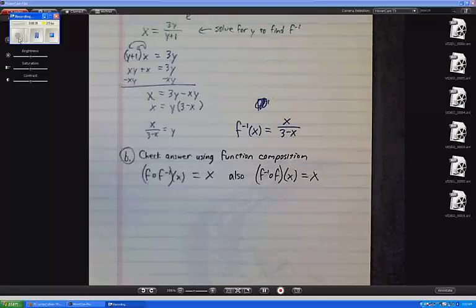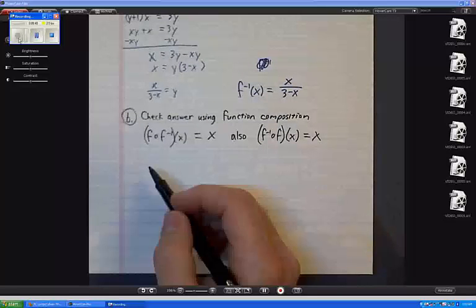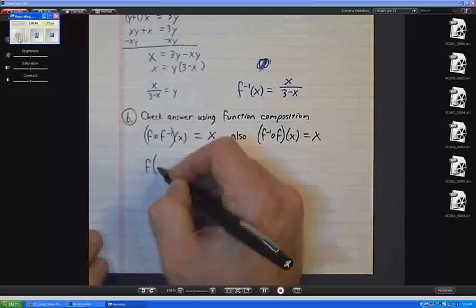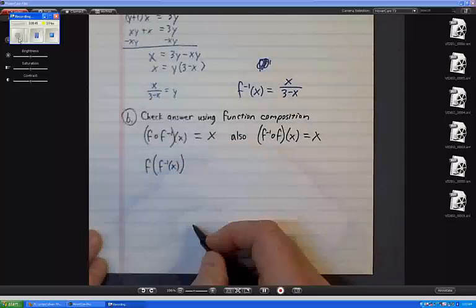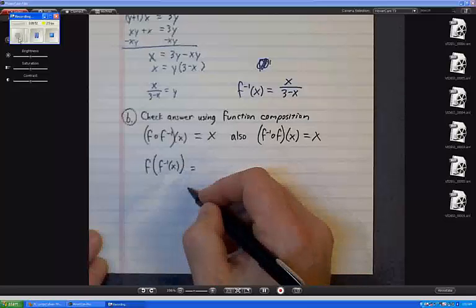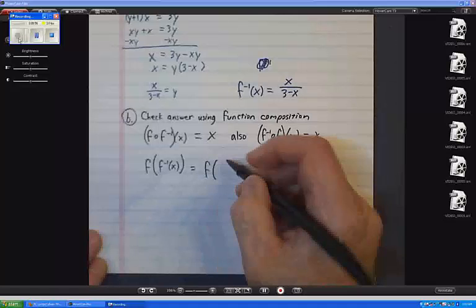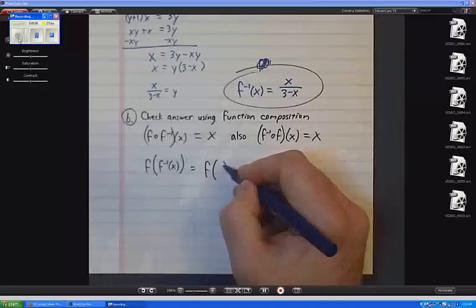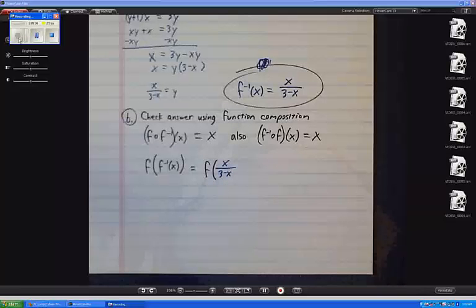So I think I have just enough time to do one of them. Which one, Barb? The first one? Okay. So this means f of f inverse of x, right? And that means, well, f of, here's f inverse, x over 3 minus x. That's what f inverse is.